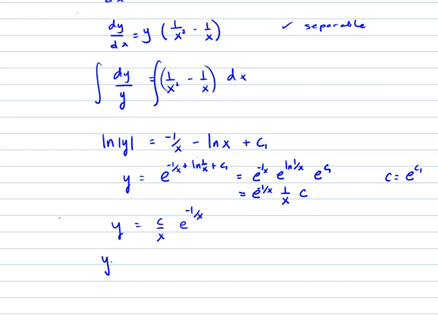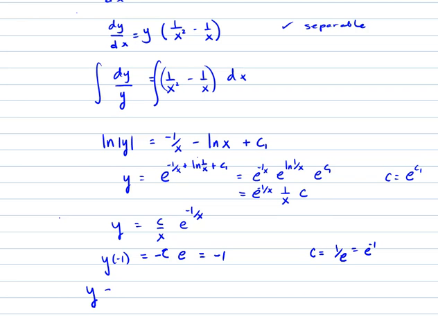So y of negative 1 is equal to negative c e to the 1, or e, and this is supposed to be negative 1. Well, that means then that c is equal to 1 over e, or e to the negative 1.